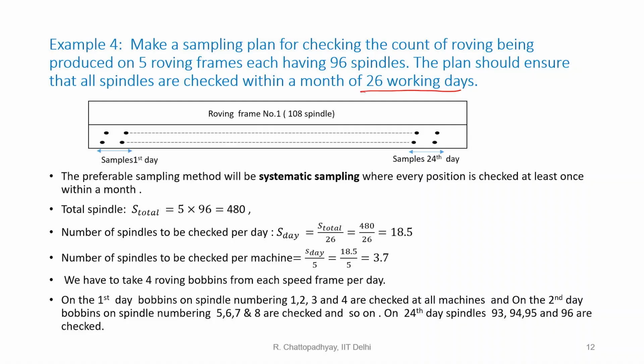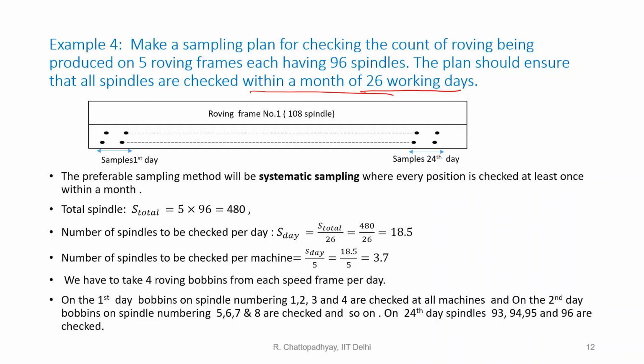So in this case, it is stated that the spindles must be checked within a month, a month of 26 working days. That is, considering that there are 4 days when the factory is not working, which is generally not true.